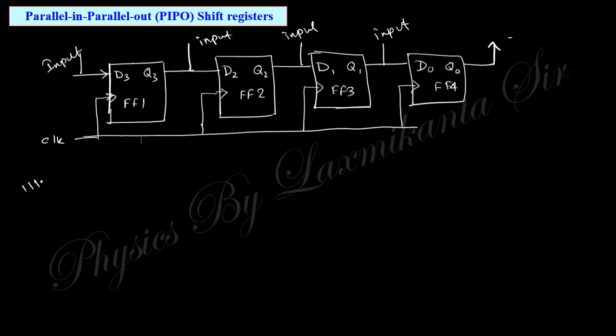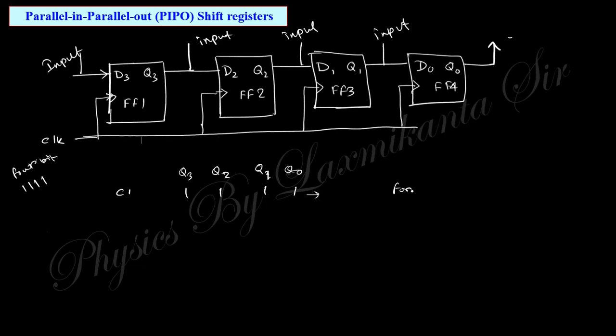So if you have 4 inputs, 4 bit, for a single clock all are inputted here, Q3, Q2, Q1, Q0, and after just a clock you get output also.